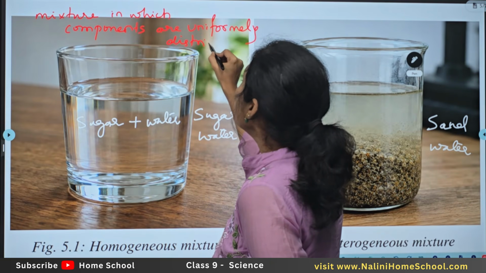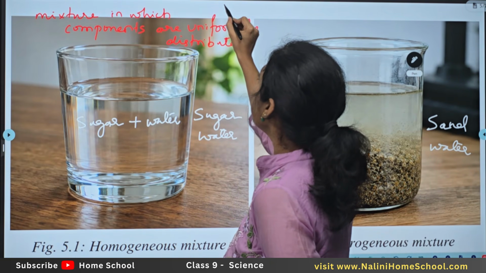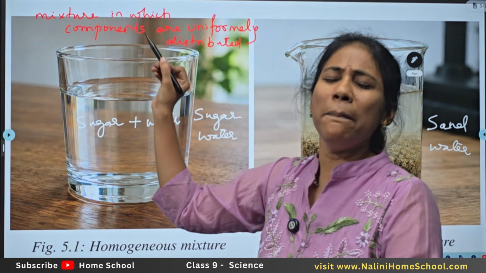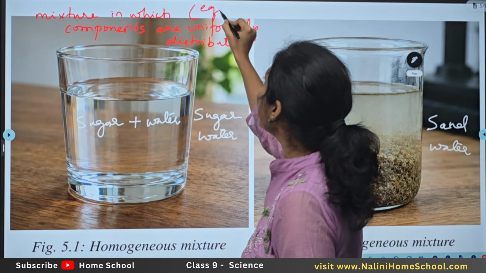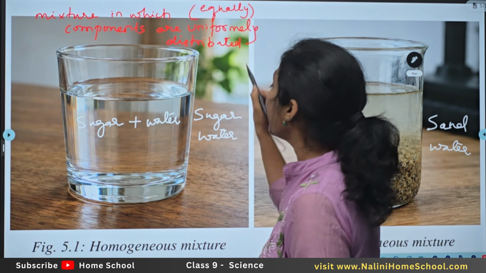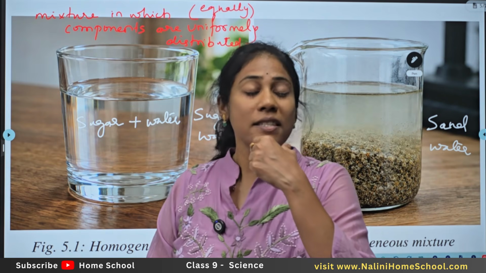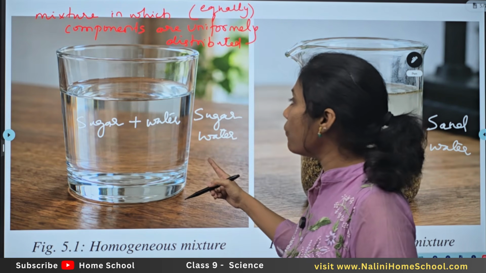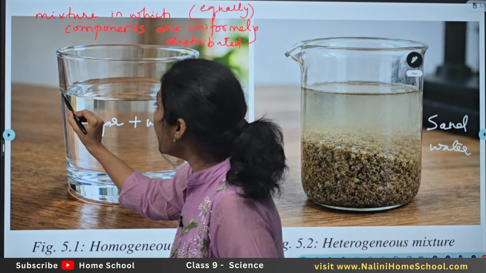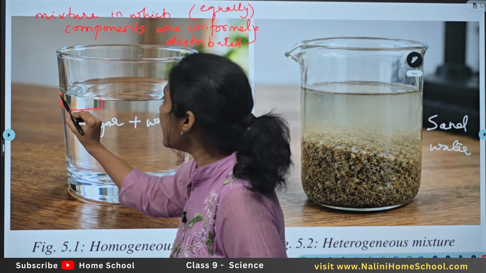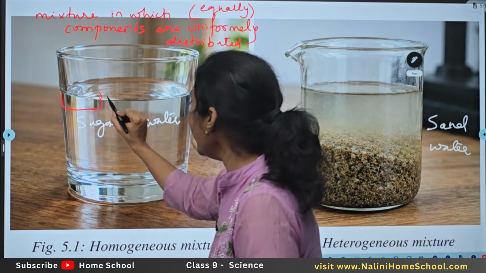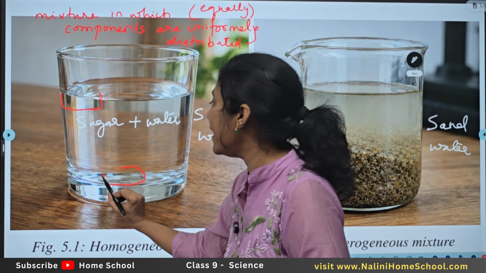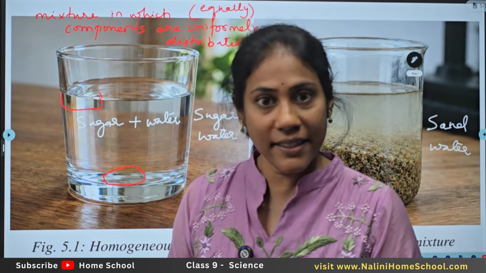The other simple meaning for uniform can be equally. So they are equally distributed. Suppose when you start drinking this sugar water, the water on top tastes equal to the water at the bottom of this glass, isn't it?